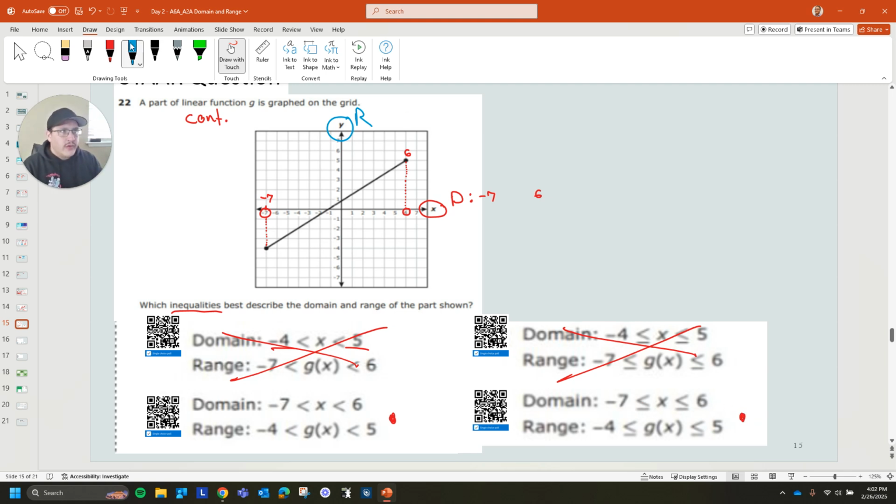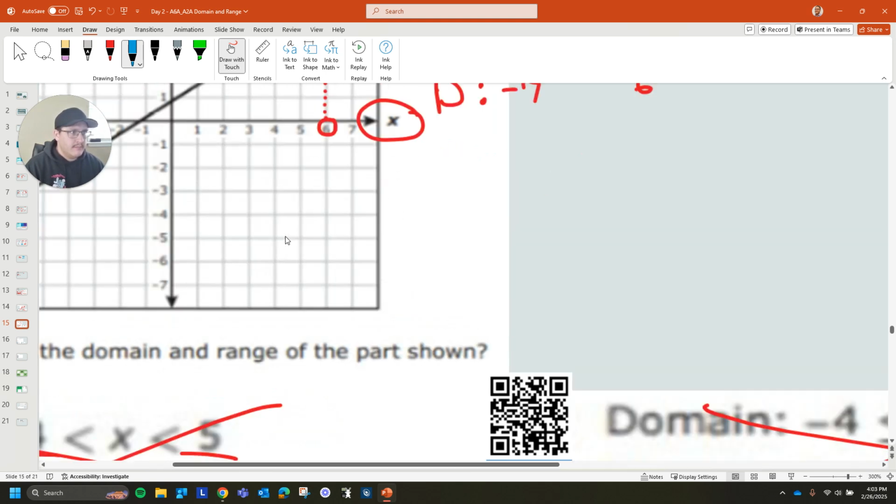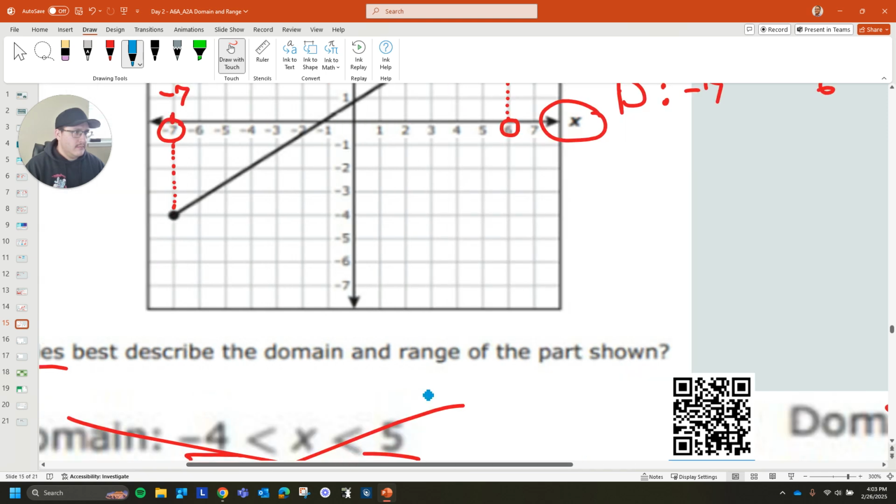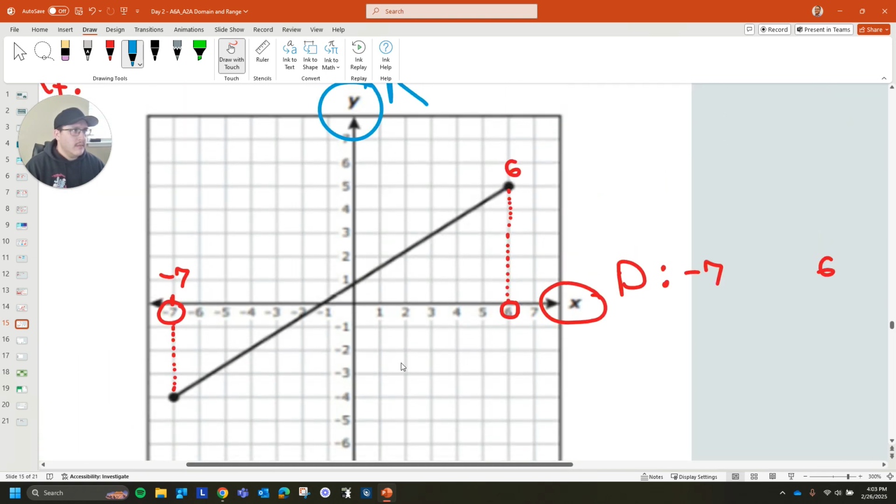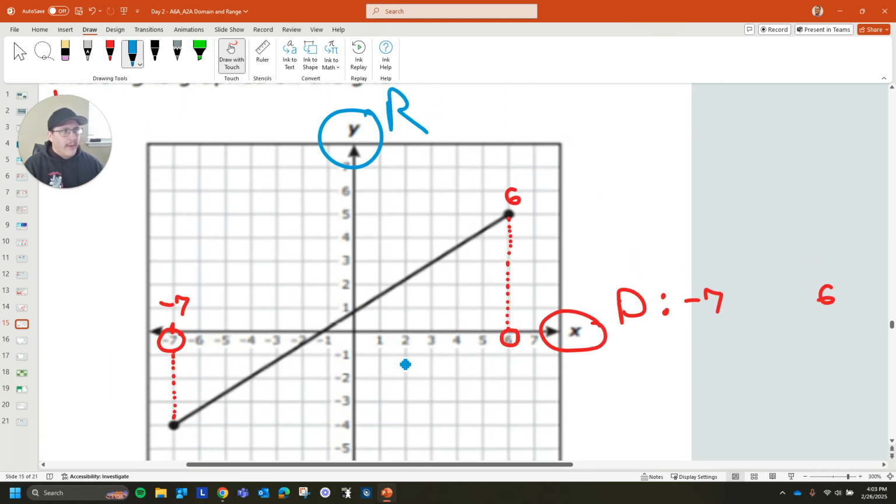Next part, let's look at the range. Okay, range starts at the bottom. So at the bottom of this line, we start from the bottom. Here's the dots. Range is looking at the y value. So I'm going to see what the connecting y value is going to be. And I see it's got to be -4.